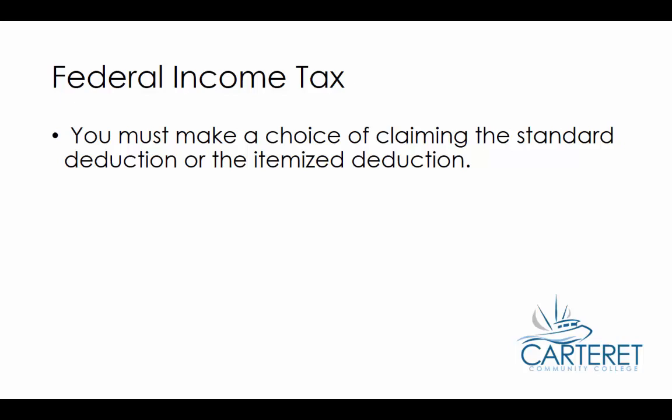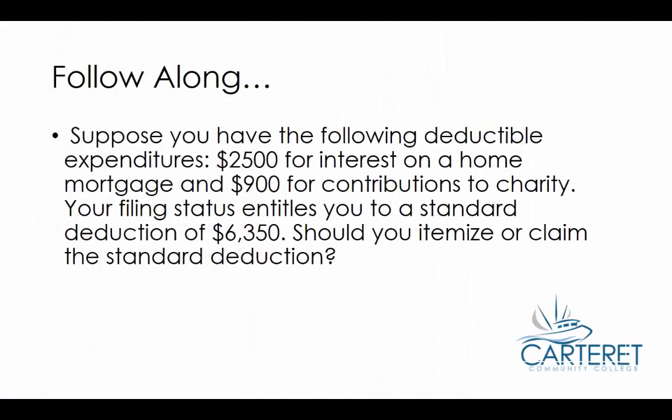Let's take a look at an example. Suppose you have the following deductible expenditures: $2,500 for interest on a home mortgage and $900 for contributions to a charity. Your filing status entitles you to a standard deduction of $6,350. Should you itemize or claim the standard deduction?